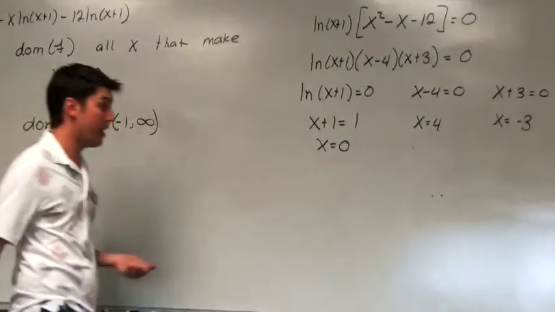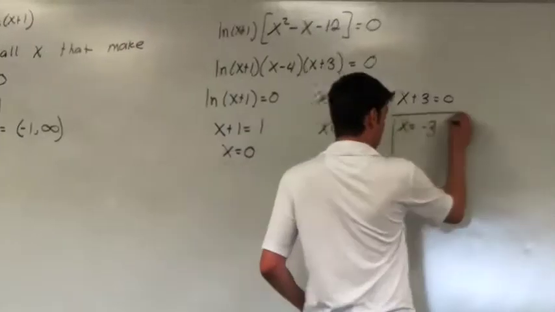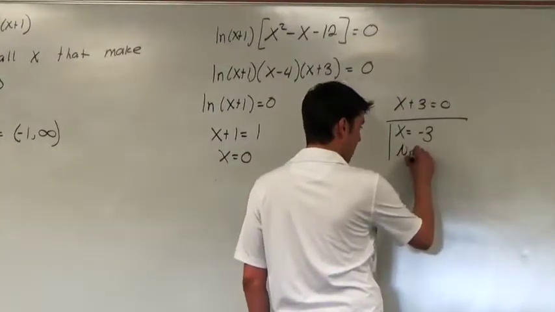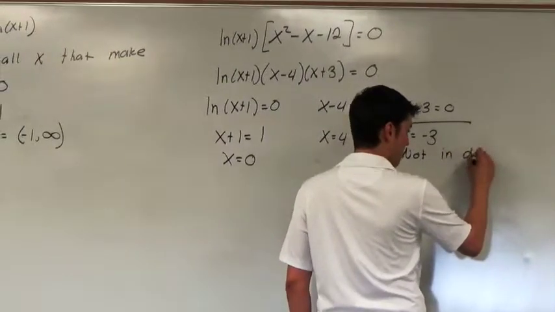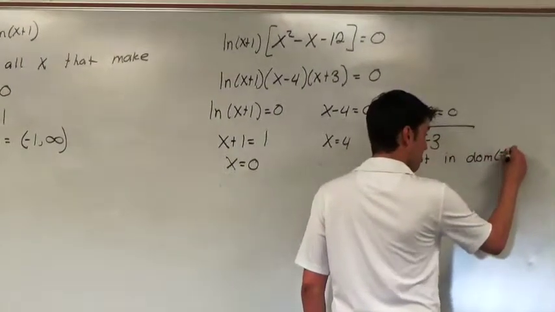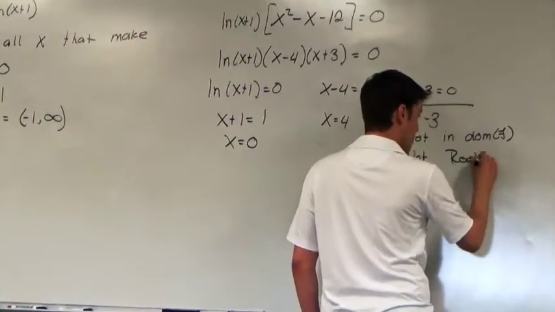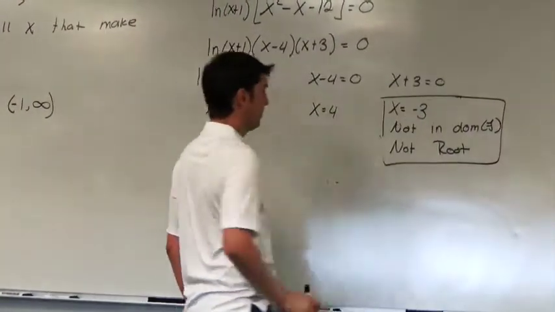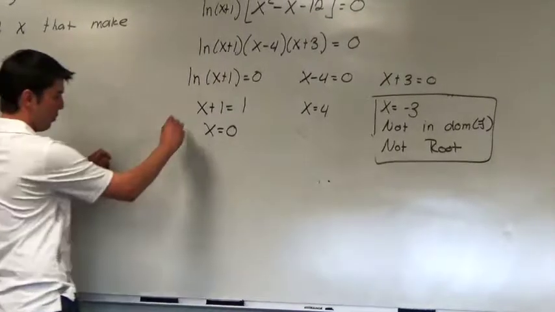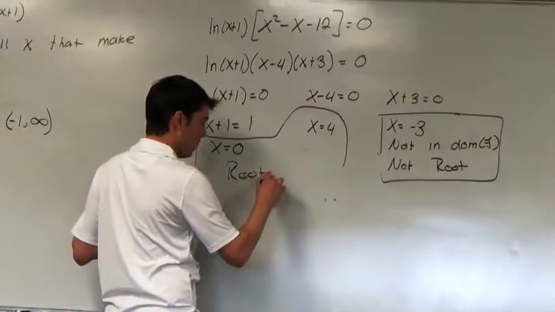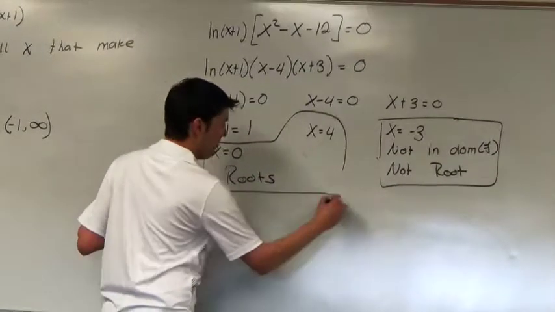So make sure you check that the solutions you get from the math are actually in the domain. This is not in the domain, so not a root. Which means the only two roots of this function are 0 and 4.